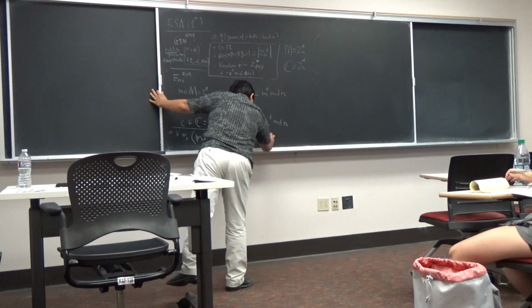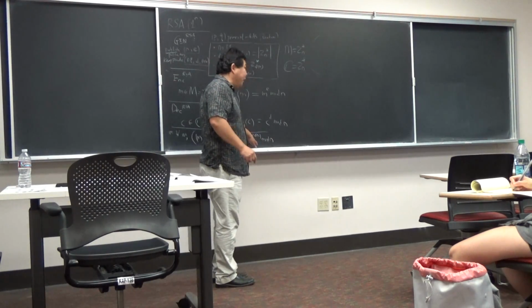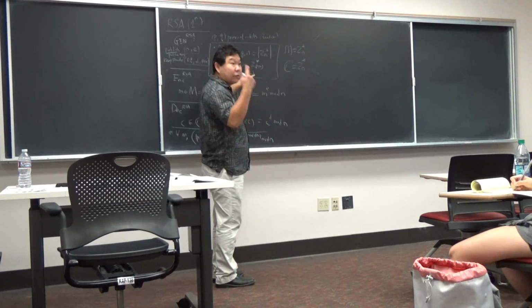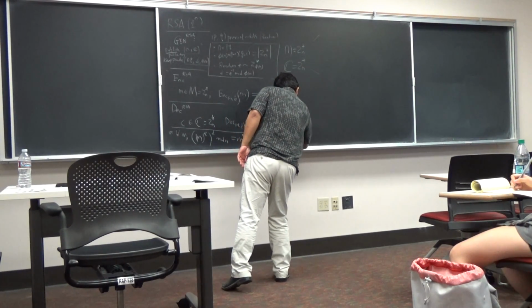So this is the equation. And E times D mod phi(n), because of the choice, is equal to 1. So that's why it goes back to M mod N.